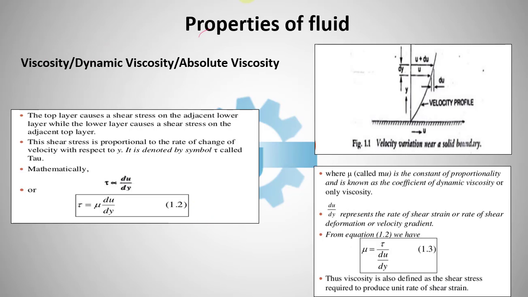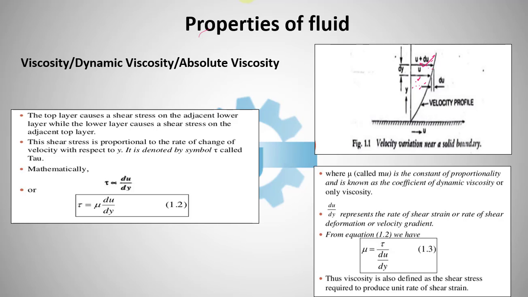So, the top layer of fluid causes a shear stress on the adjacent lower layer, and the lower layer also causes shear stress to the adjacent upper layer. So this layer is giving shear stress to this layer, and the lower layer is also giving shear stress to the upper layer. Now, what is shear stress?